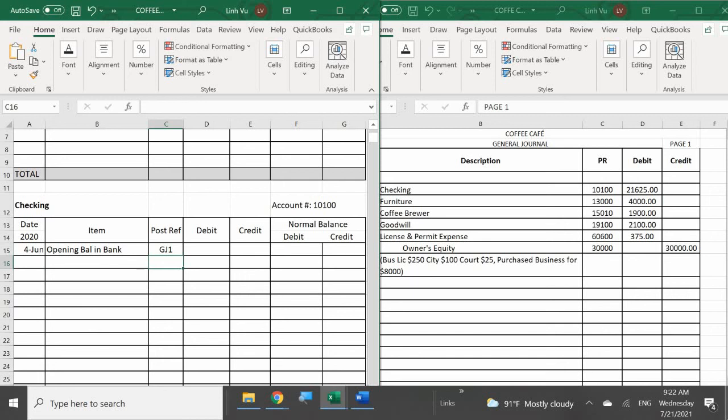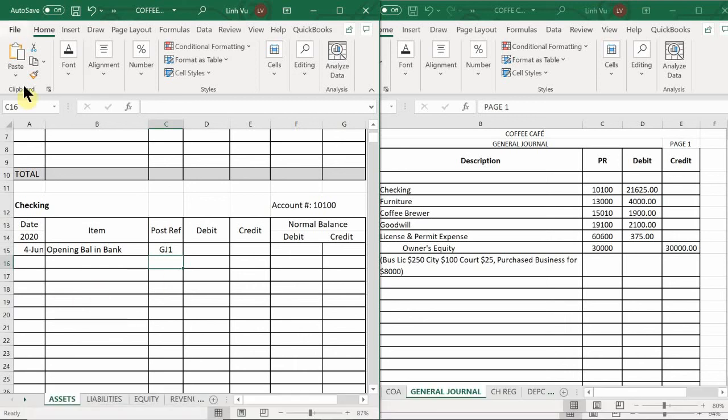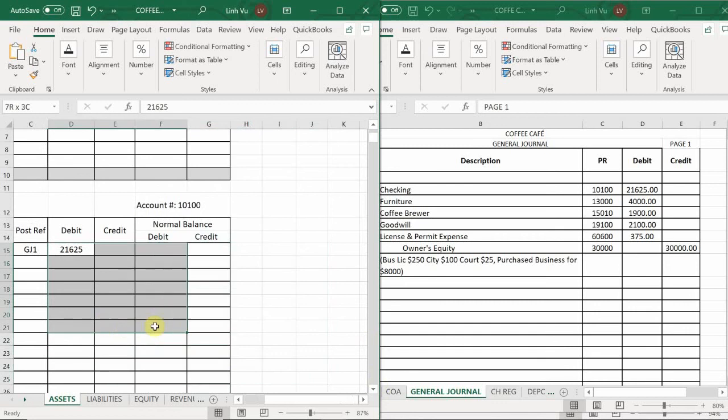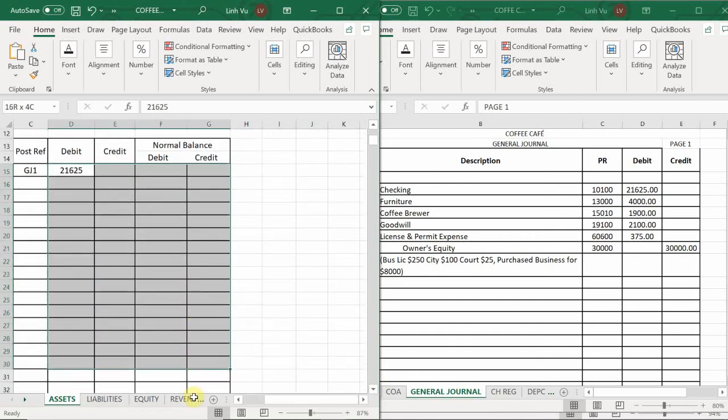Now, exactly how I journalized it, right? I debited my account by $21,600 and $25. In this case, I didn't format this because some people like it accounting style or they like it with the dollar signs.